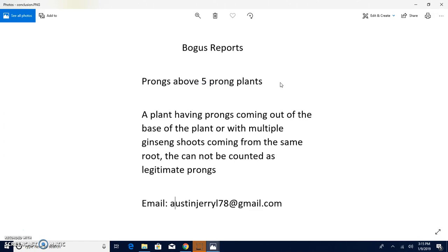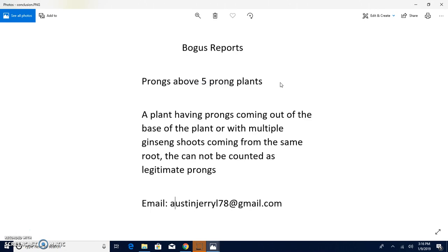And I've seen some really, really big ginseng plants that actually have stems shooting up along the bottom of the stem. They'll have the 4 main prongs or 3 main prongs at the top of the stem, and then at the bottom of the stem where it goes into the root, they'll have more shoots coming out. So there's a lot of bogus reporting out there of 6 and 7 and 8-prong and 12-prong plants and so forth, and all that is bogus.